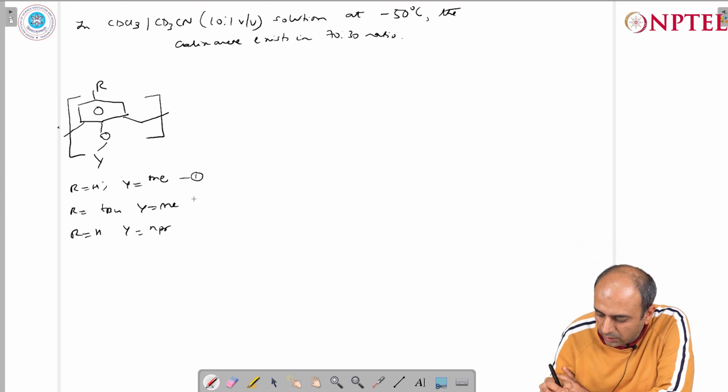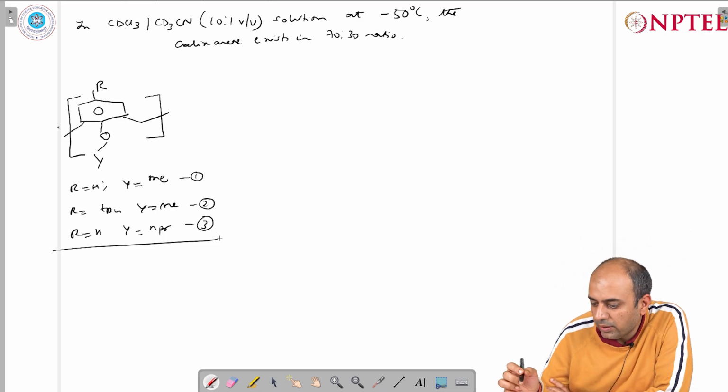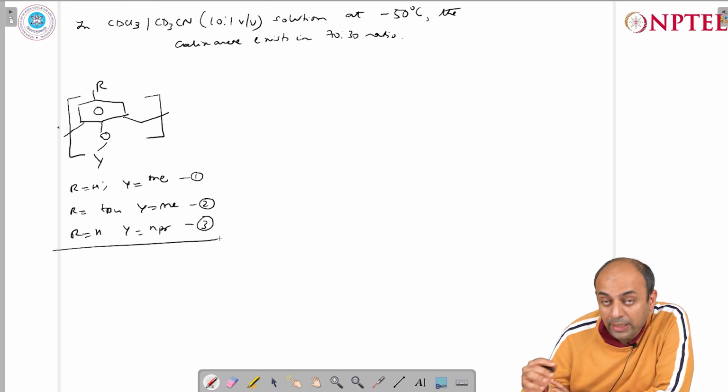So, we can consider 1, 2 and 3 examples, and we will look at some important data related to the existence of conformations of these calixarenes 1, 2 and 3.